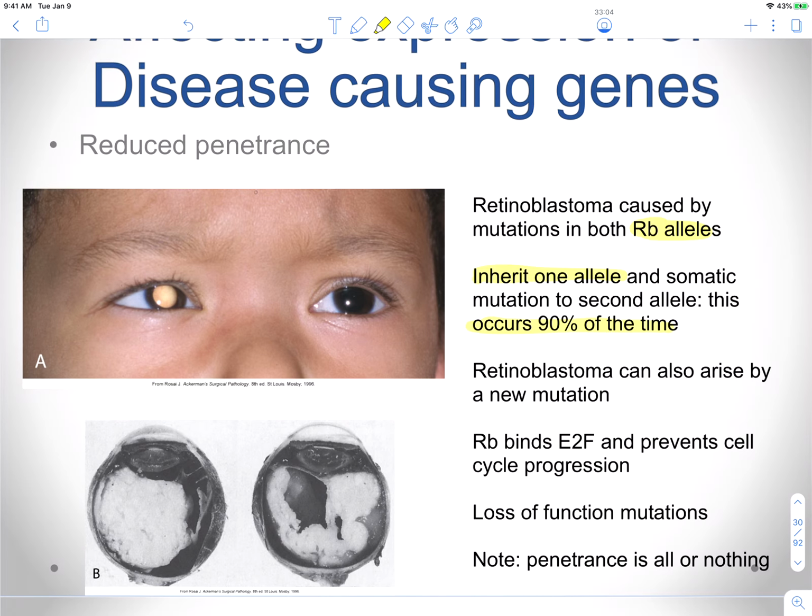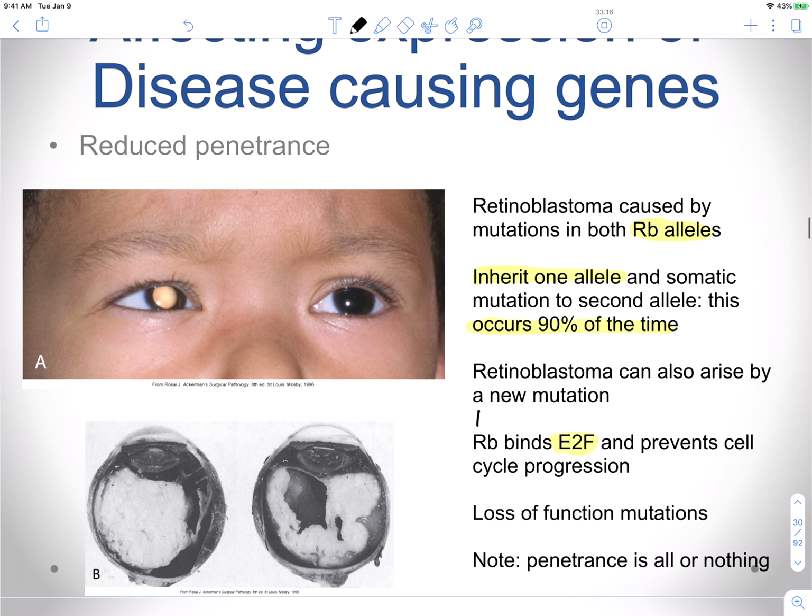Retinoblastoma protein binds to E2F, which helps prevent cell cycle progression. So retinoblastoma is a tumor suppressor gene.